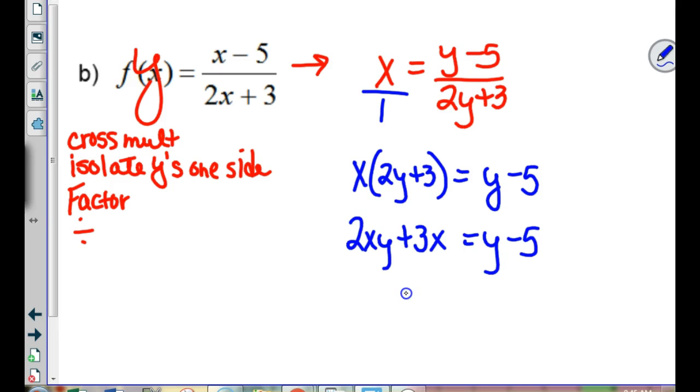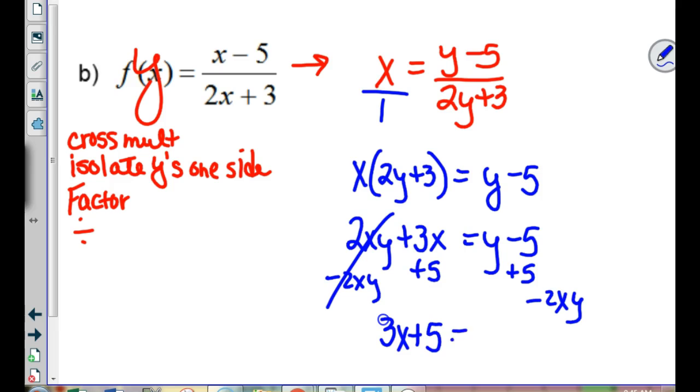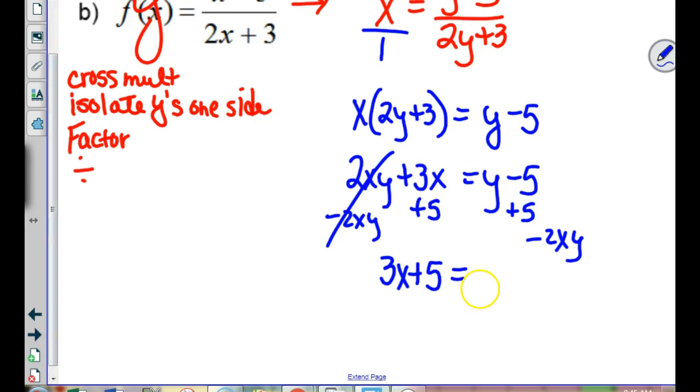You're going to get an answer that looks different depending which way you move it. I heard add 5, which would mean I need to subtract 2xy. All right, so over here I have 3x plus 5, and you could have moved them to the other side. It's fine. Just get different signs, but it's equivalent in the end.